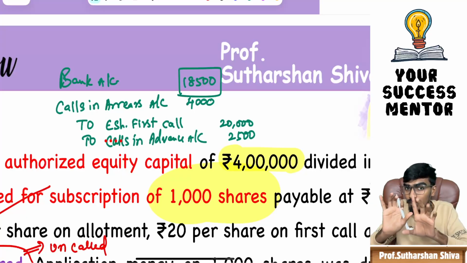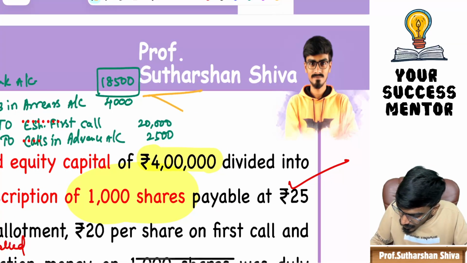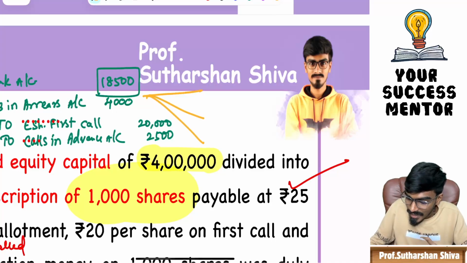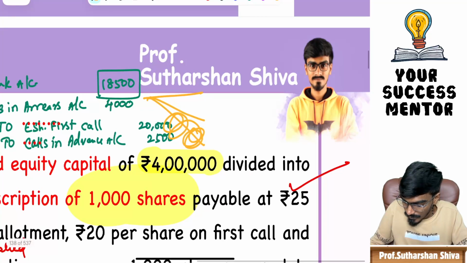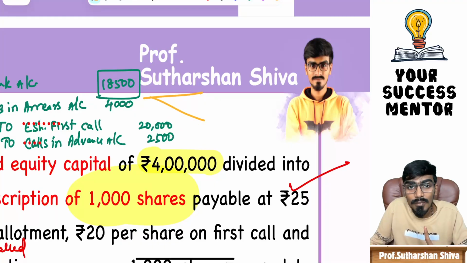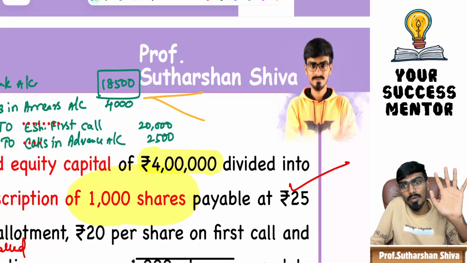Now I will try to do a postmortem of that 18,500. How should I do the postmortem of 18,500? Listen, on that 18,500, I received the first call money. How many shareholders are paying? Out of 1,000 shares held by 10 people, assume 10 people are holding 1,000 shares.